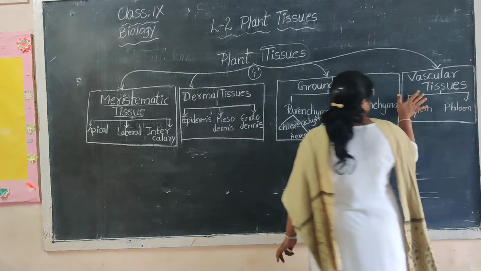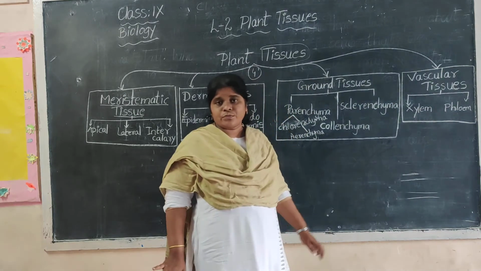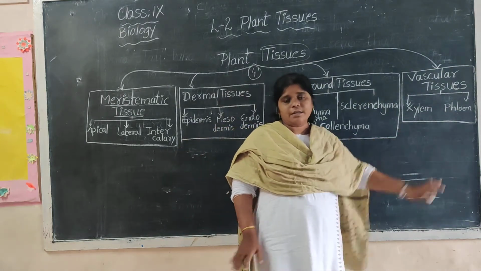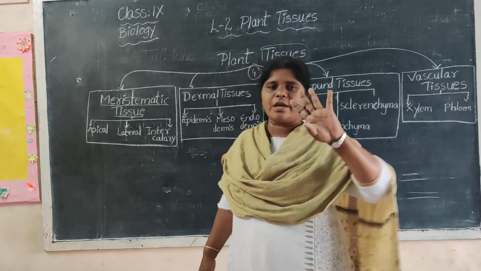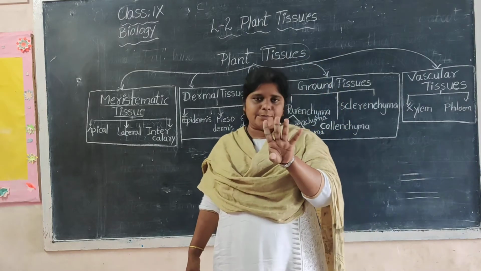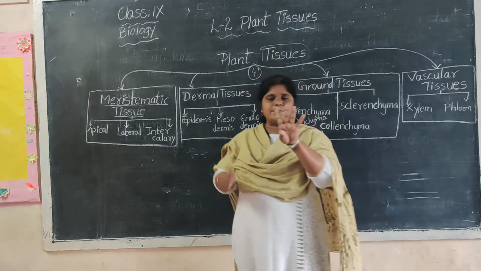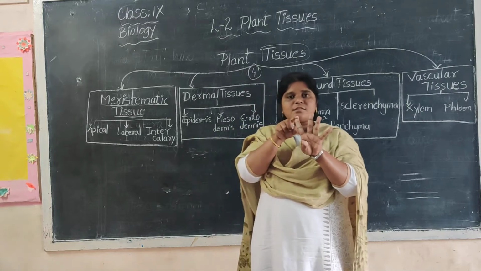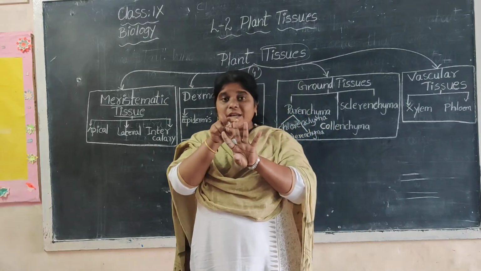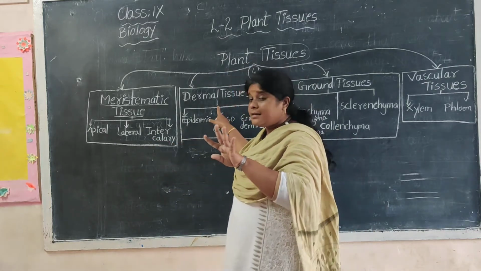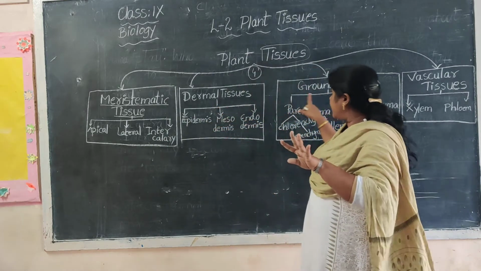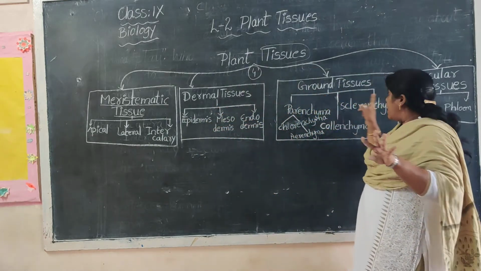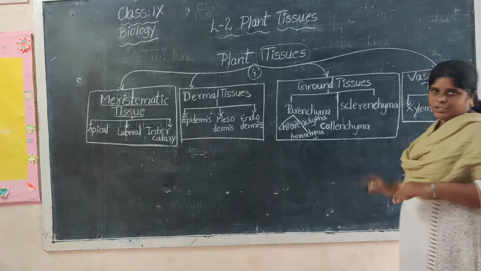And the fourth one is vascular tissue. So, how many types of tissues do you have in plants? 4 types. First one is meristematic tissue. Second one is dermal tissue. Third type is ground tissue. And the fourth type is vascular tissue.